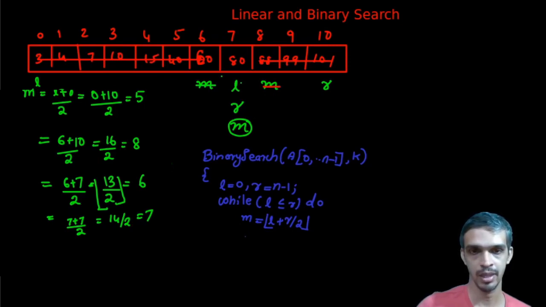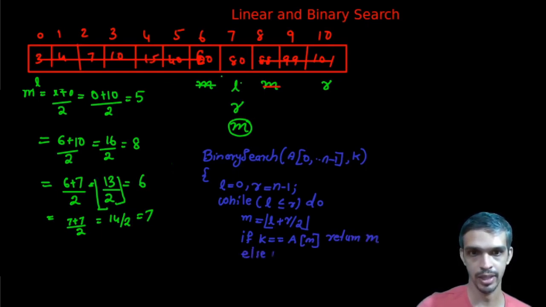So we have the middle element, then we need to compare. If key k equal to a of m, if it is equal, then what we can do, as we have already seen in the last step, is return the index m.